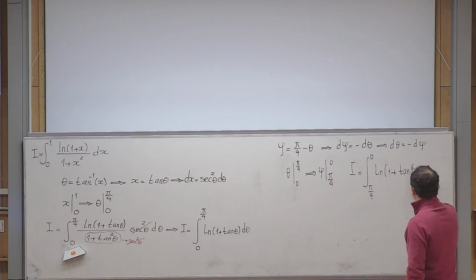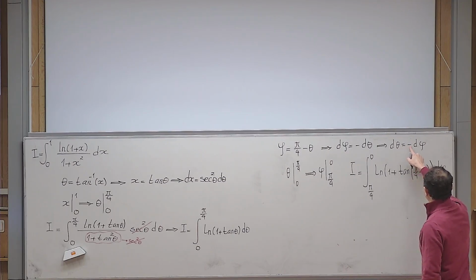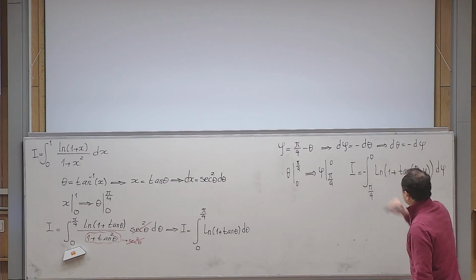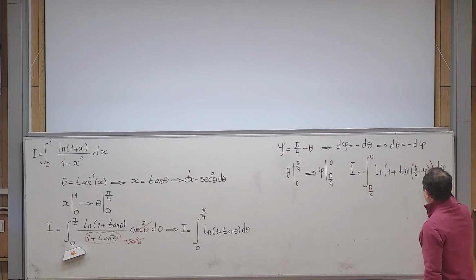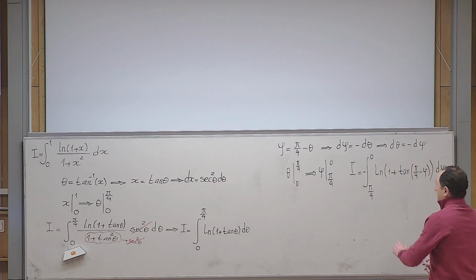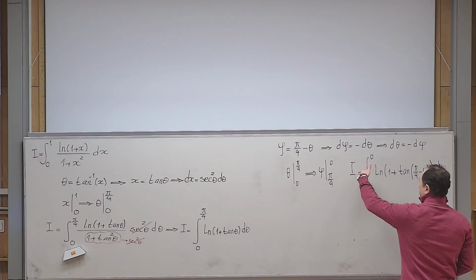So I will write it as pi over 4 minus phi. And that is the interesting part. You see why this will work. Okay, sorry, d theta is minus d phi. So I put a minus sign out. So instead of d theta, I put minus d phi, I put the minus 1 out, and that is very good because now this minus sign can be used to swap these limits.